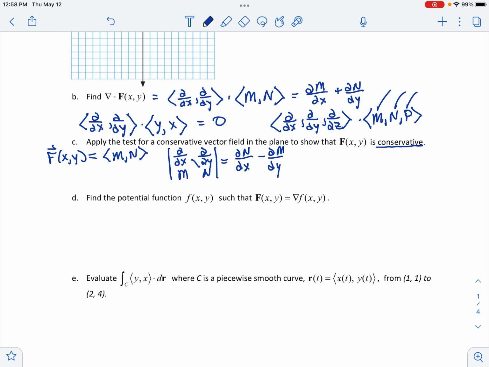Now, that's if it's 2 dimensions. If it's 3 dimensions, let's suppose we've got m, n, and p. If we have this, then we run it through this. We have i, j, k, and then partial with respect to x, partial with respect to y, and partial with respect to z, and then we have m, n, and p.